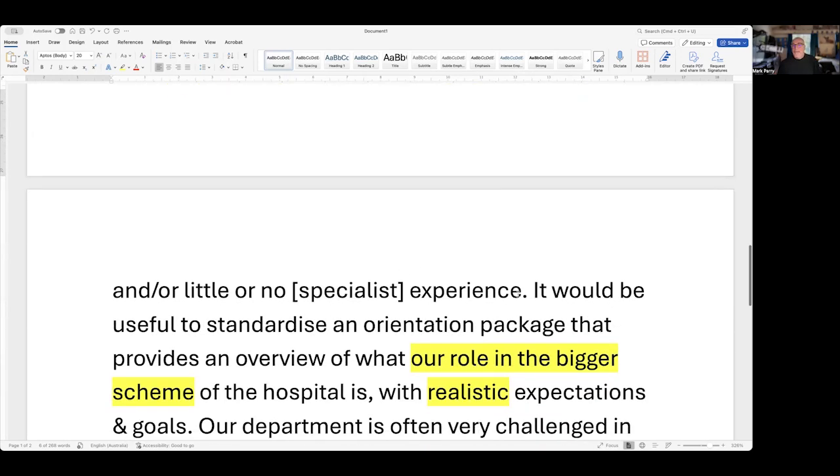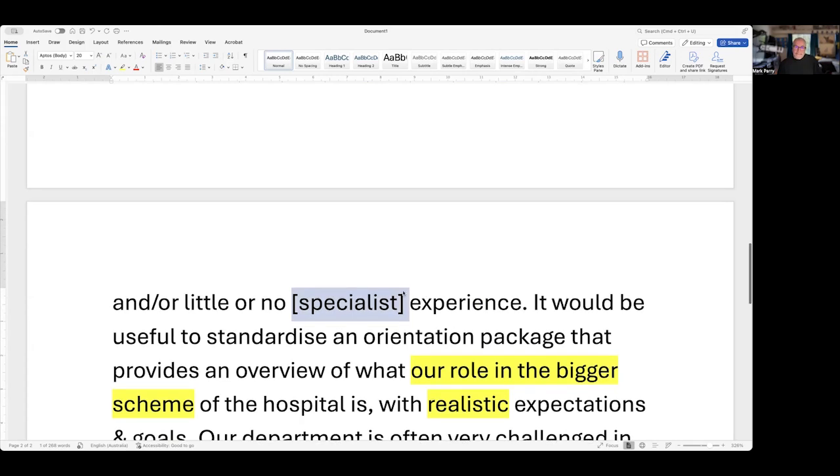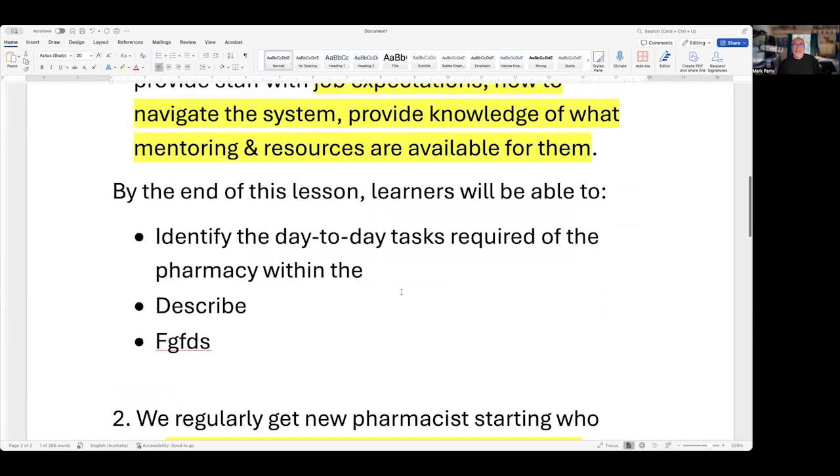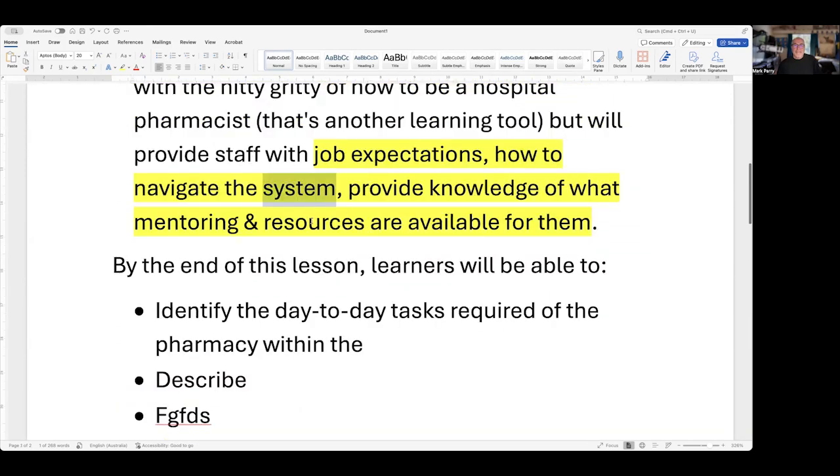And then if they have little or no specialists, just say they're cancer specialists, then there's a whole range of drugs and pharmaceuticals that would be really standard in that territory. Maybe anti-nausea medication or something like that. So all of that, there could be a whole module or series of modules just on that. It would be useful to standardize an orientation package. What our role is in the bigger scheme. So that points to the system, possibly.